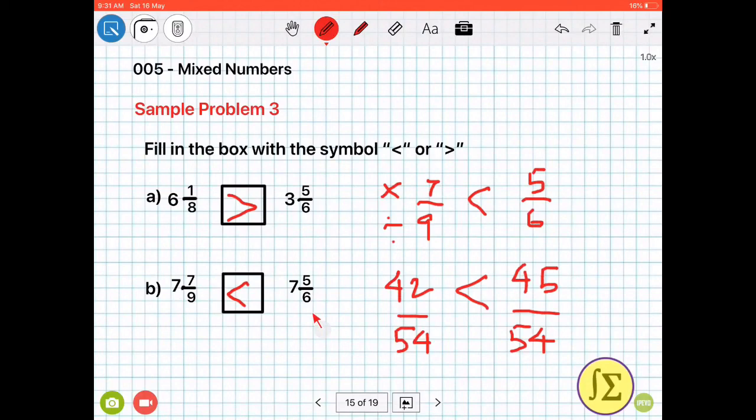All right, so I've got a worksheet that I want all of you to try. For teachers or parents, you can give this worksheet to your students or children, and they can try it out so that they have a better understanding of mixed numbers.